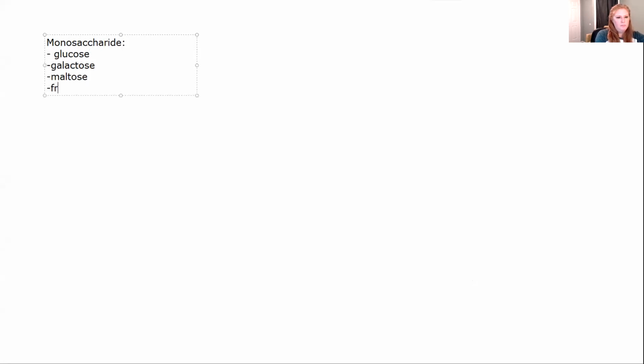Fructose is another one. These are all monosaccharides, so they're the basic monomers that we're going to make all the other sugars out of by connecting them.